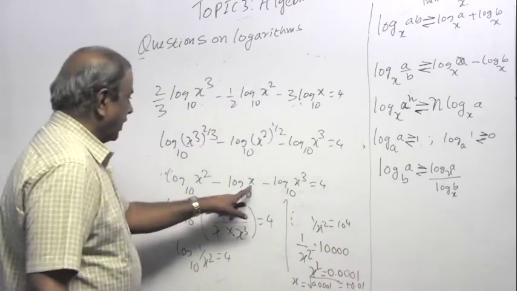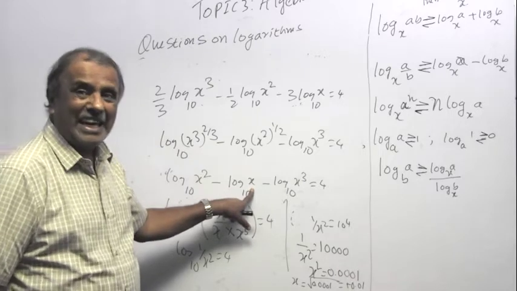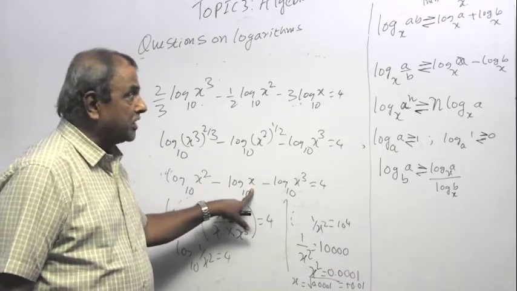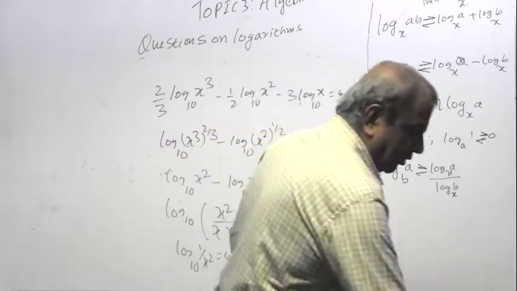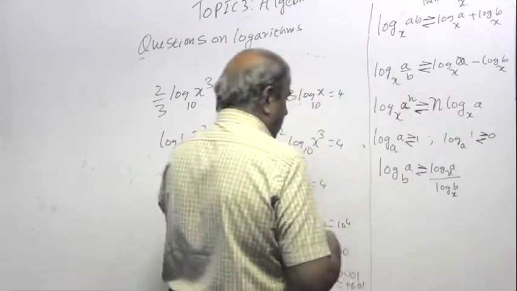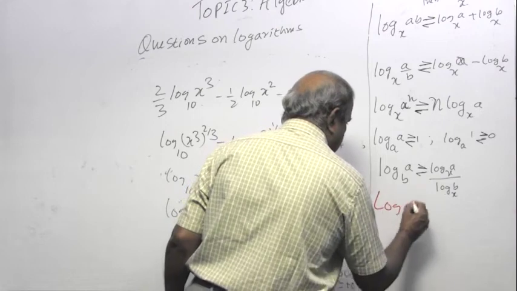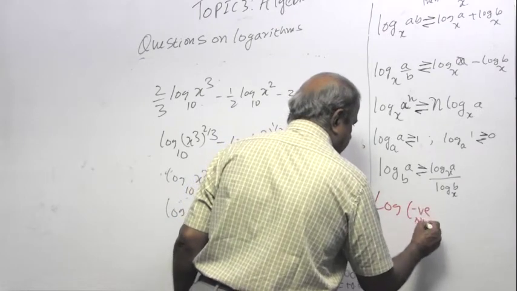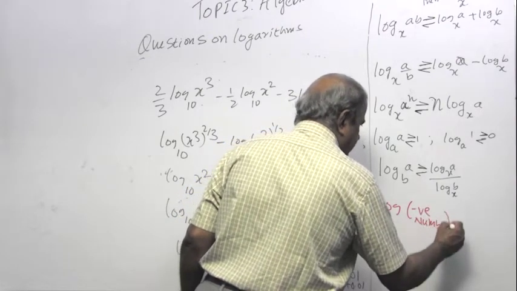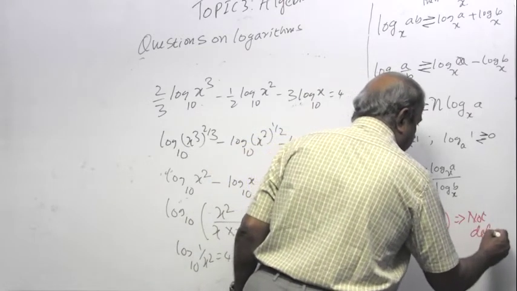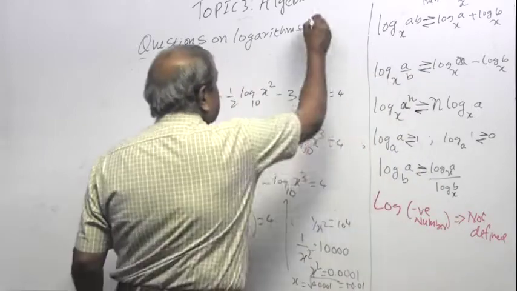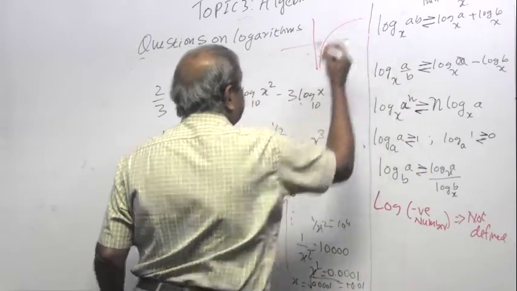Remember, we got a log x. If x is negative, I purposely didn't mention it yesterday. This is the most important rule because students think it works. Log of a negative number is not defined. Remember yesterday when I showed you the graph of log, it was like this.